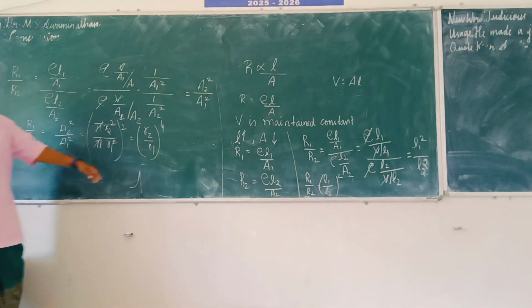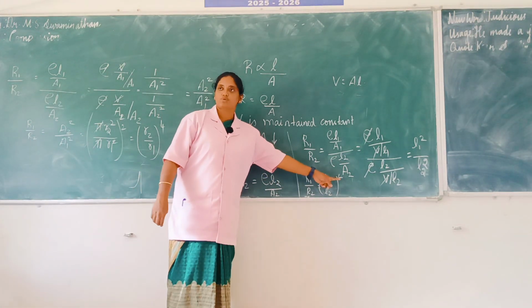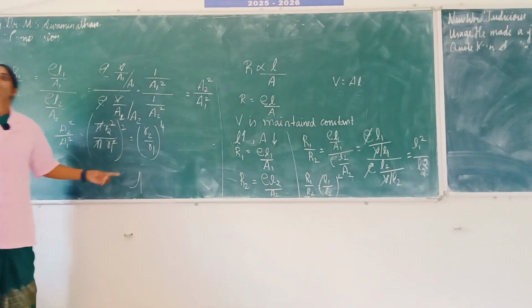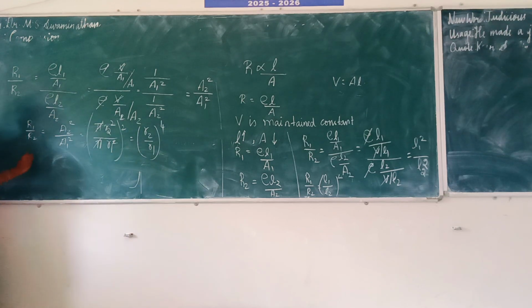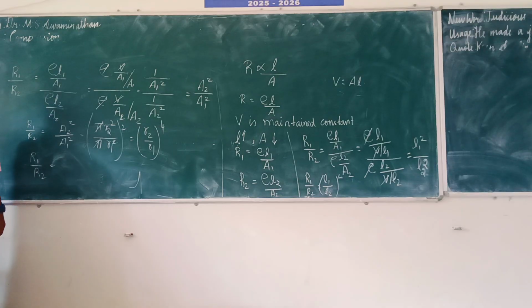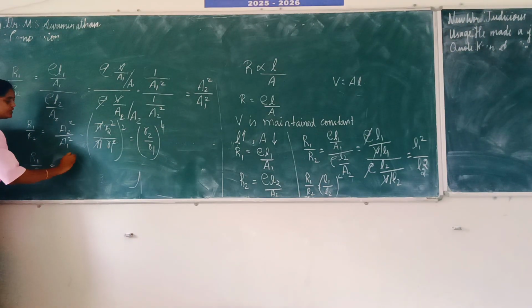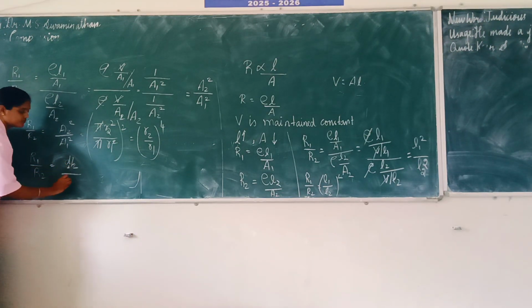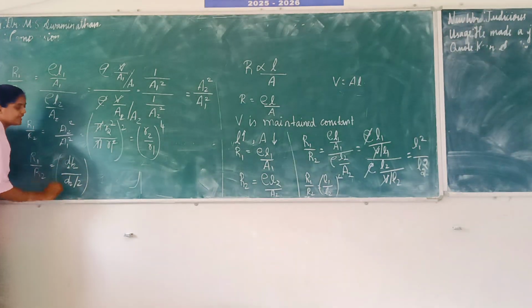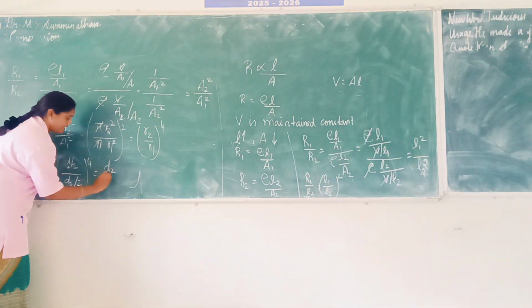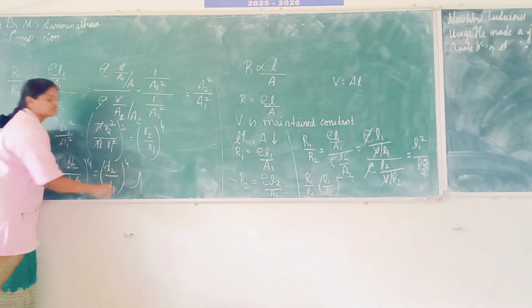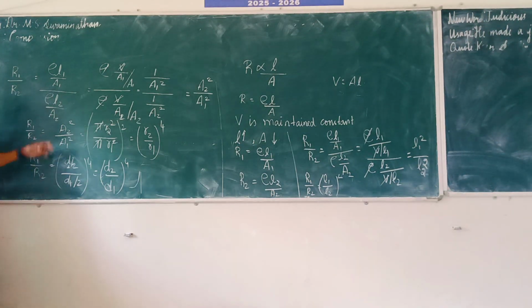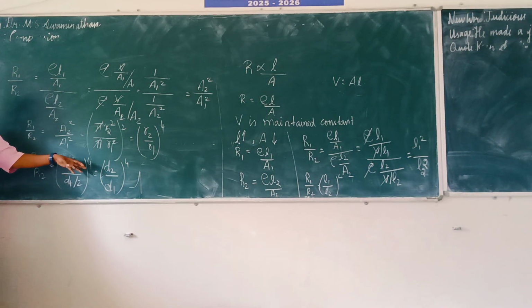If L is squared, area is also squared, but for radius it is to the power of 4. If D is given, how can we rewrite this formula? Exactly, because R is equal to D by 2, the 2 gets cancelled. So D2 by D1 the whole power 4. Based on the given data, you can use this formula and apply.